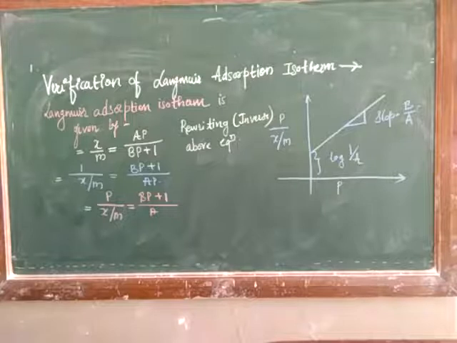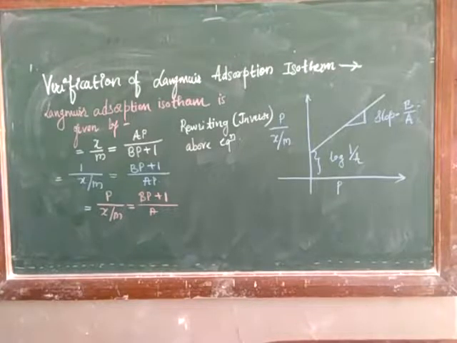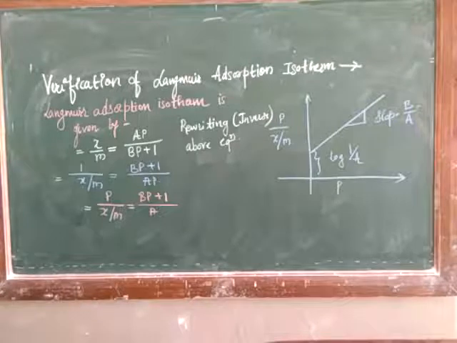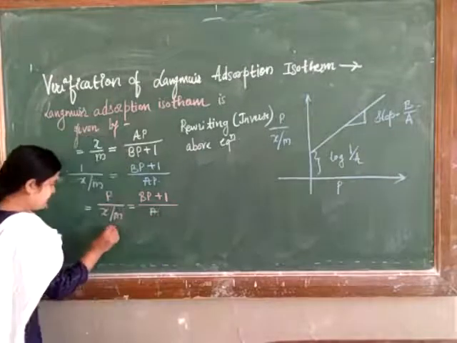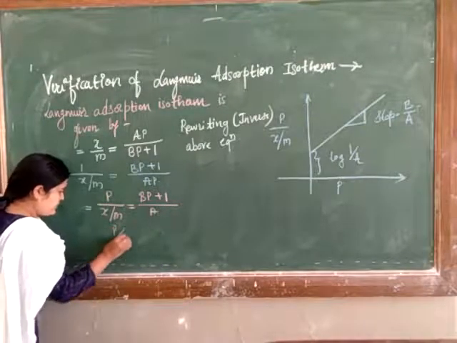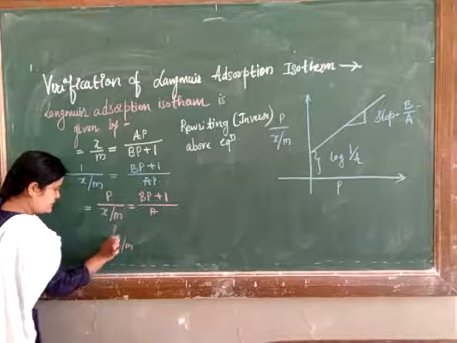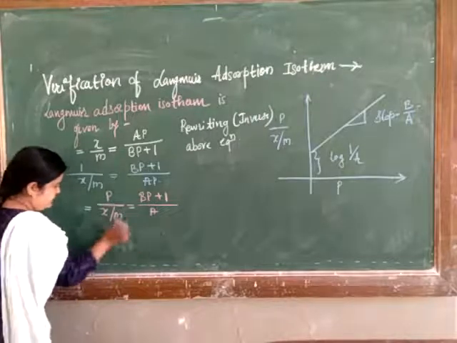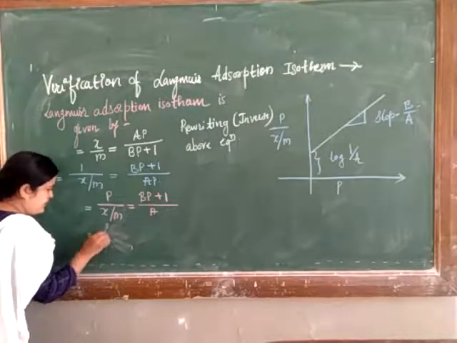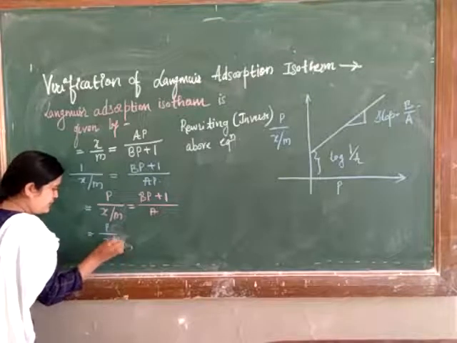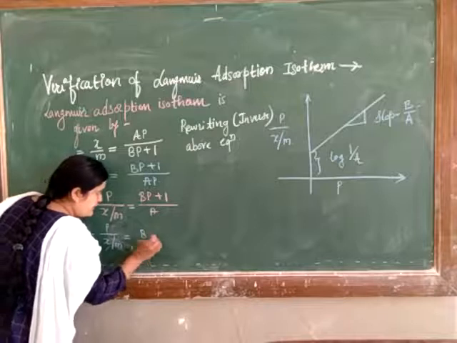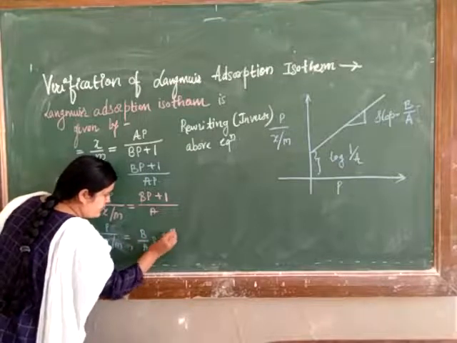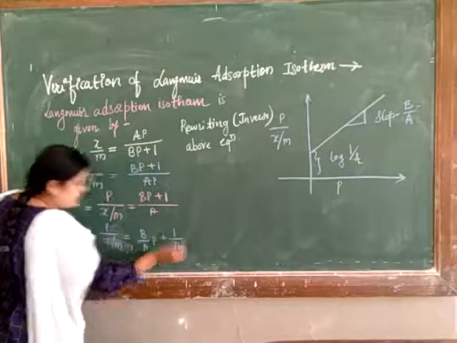Now next, for P upon x upon m, we have to take P as common. I'll write it differently: P upon x upon m is equal to b upon a into P plus 1 upon a.